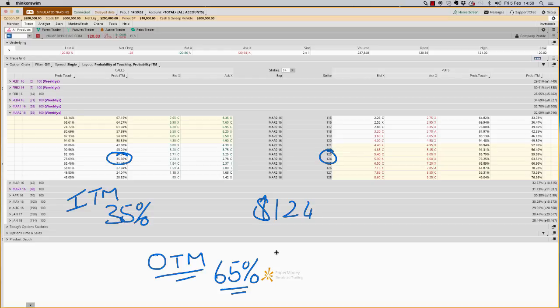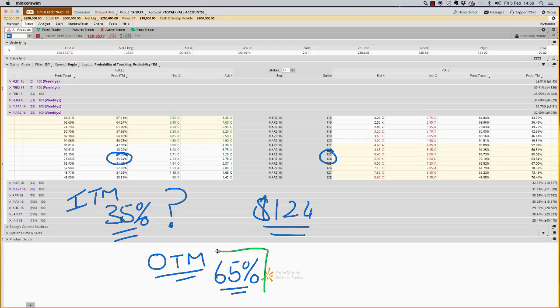And instead of buying that call hoping that price will reach $124 and start to go in the money, I've got a 35% probability that that will happen. Not very good odds.